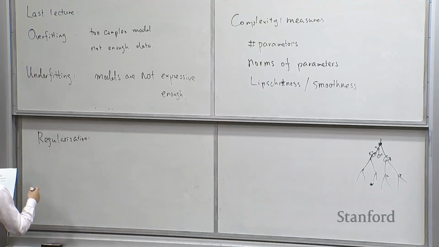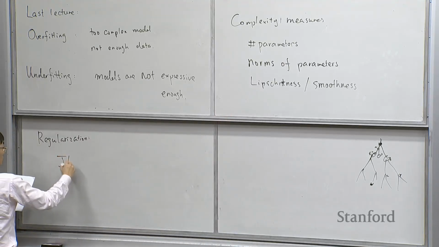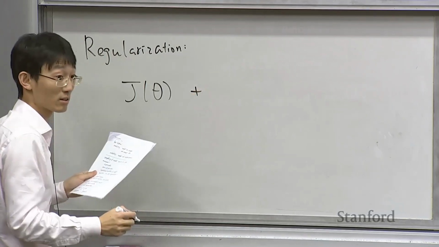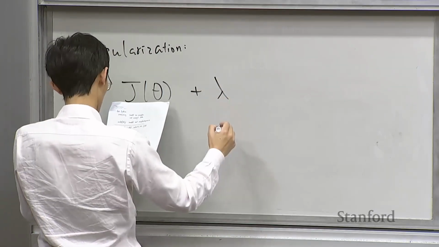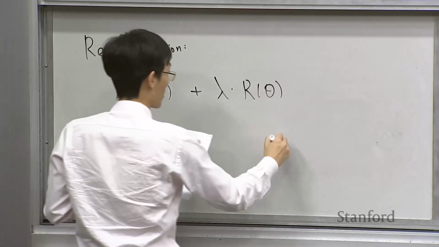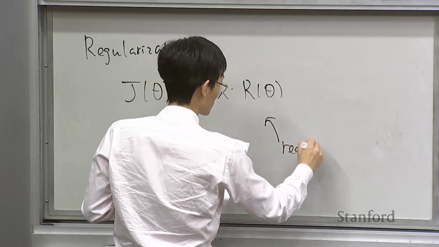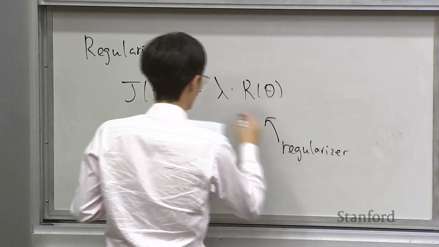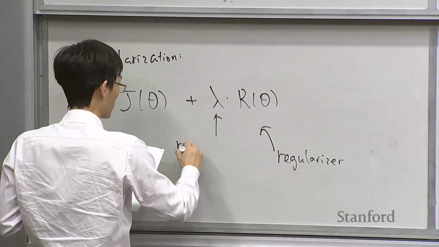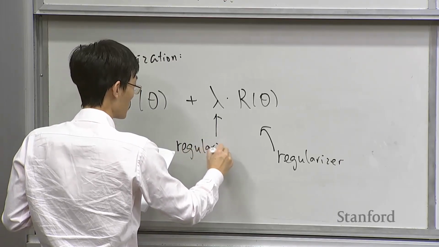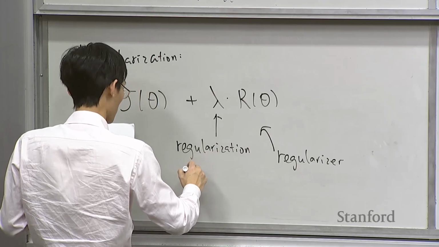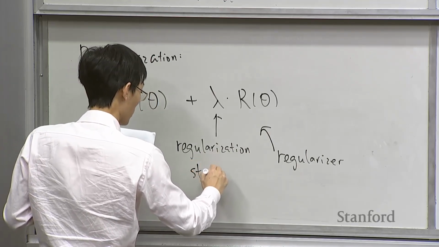So for example, we use J of theta as our training loss, and then you consider this so-called regularized loss, where you add a term lambda times r of theta. Here, r of theta is often called the regularizer. And lambda, there are different names for this, you could call it regularization strength, regularization coefficient, regularization parameter. Let's call it regularization strength.